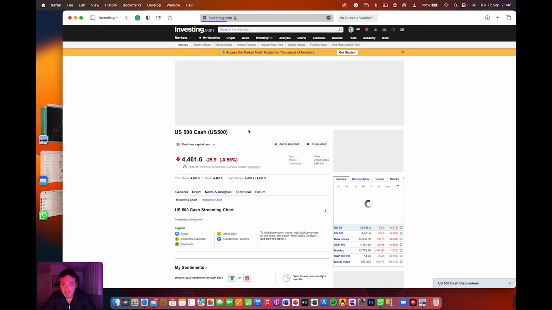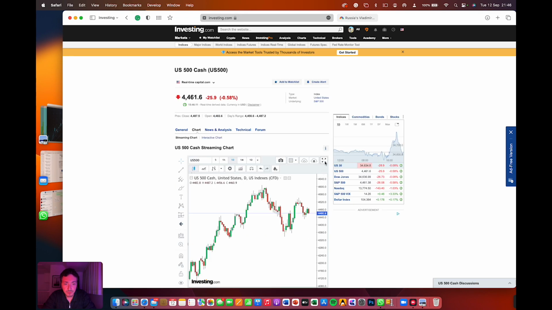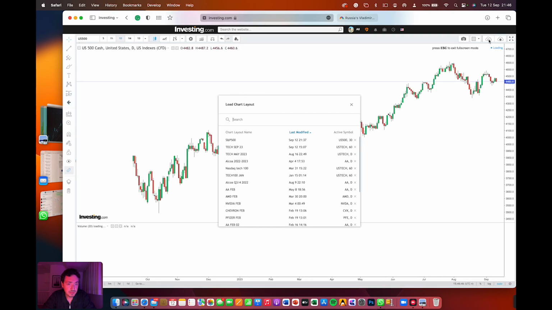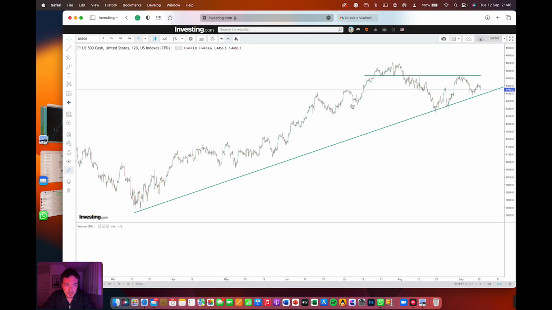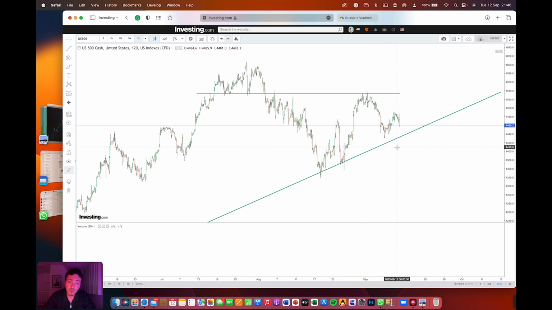Also for the S&P 500 here, you see a small uptick. And let me go to the pre-saved chart, like the NASDAQ. There are also some lines here that I drew before. So this is a 2-hour time frame.